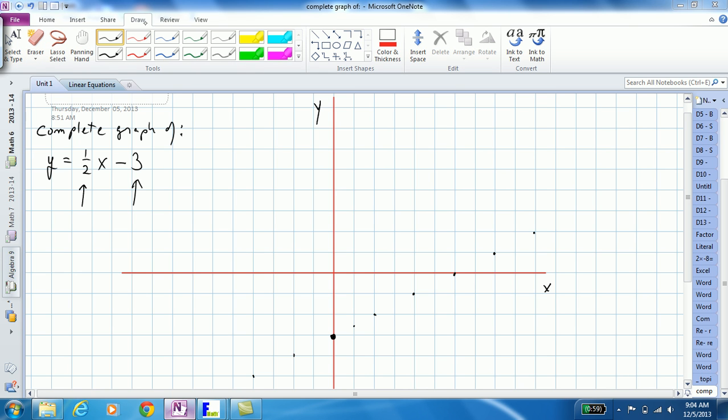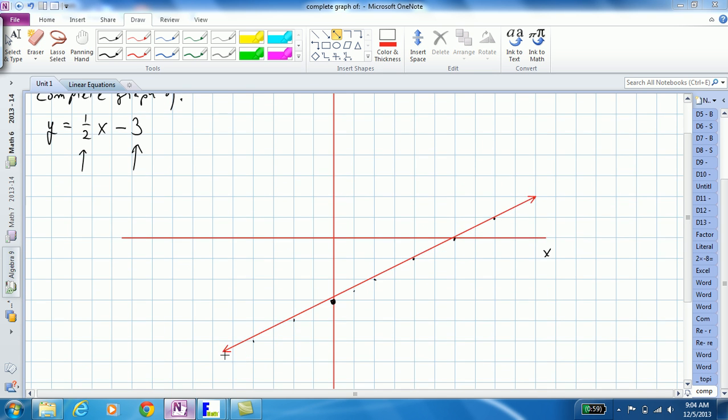Then you can get out your ruler and draw yourself a line, and you can do a very accurate drawing in a hurry.